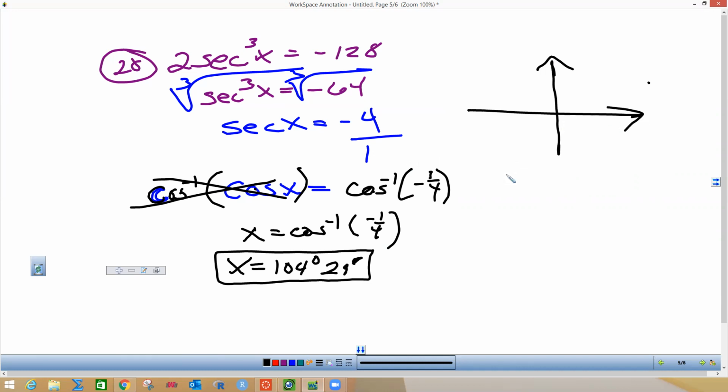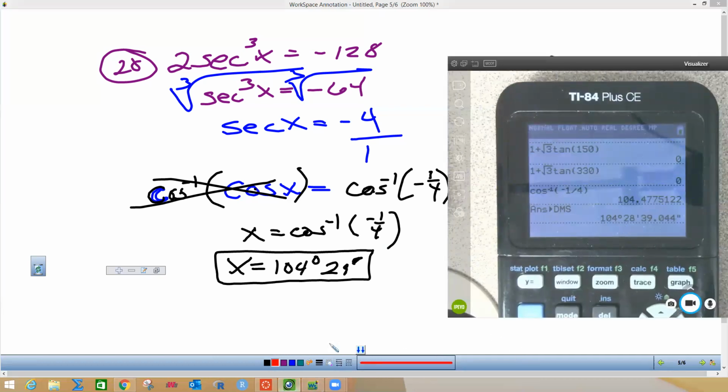Where's 104 degrees? What quadrant? Quadrant 2. So I'm going to come over here and draw a triangle. This is 104 degrees, 29 minutes. Yes, 29 minutes.